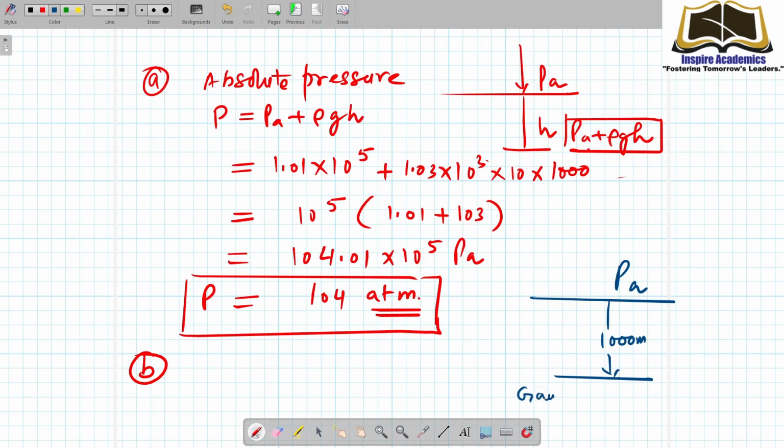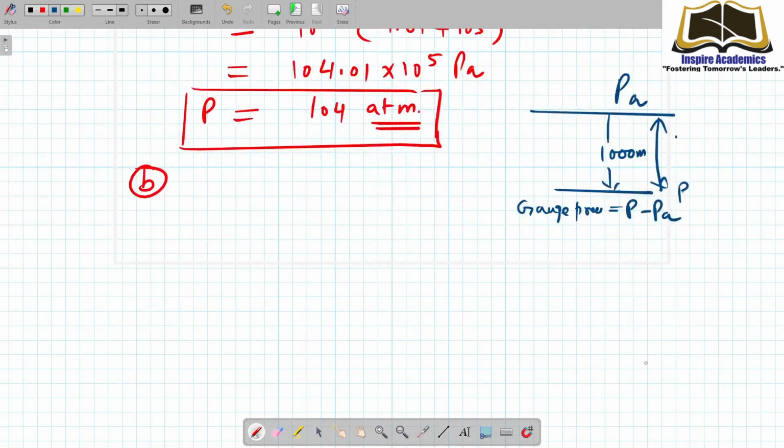Gauge pressure is actually this net pressure rho gh, because after deleting, suppose here it is P, so P minus PA. I have already told you how to find P minus PA. So it is simply rho gh.